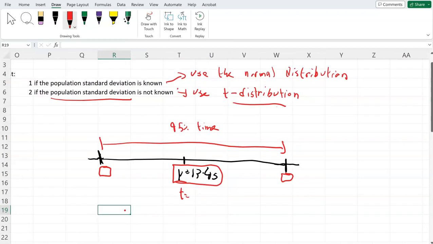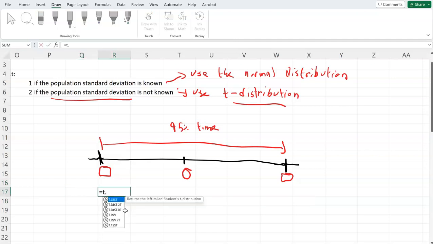So in our case, we would rewrite this as centered around 0, and 95% of the time, this t-value would be equal to T.INV. My probability is going to be 0.05 divided by 2, because 95% of the time it's going to be here, and 2.5% of the time will be on each side.